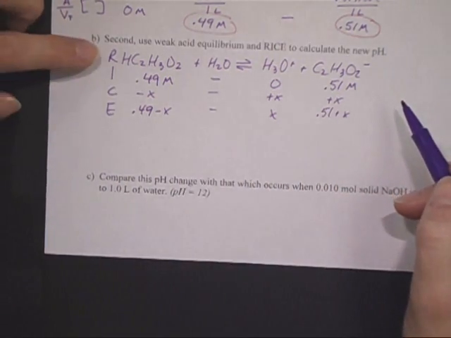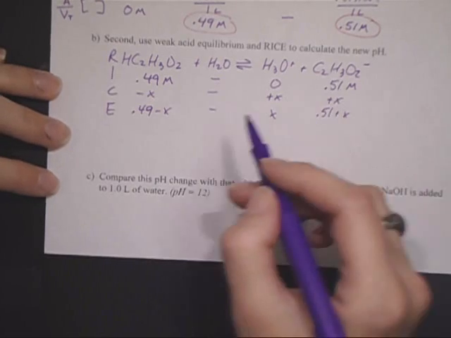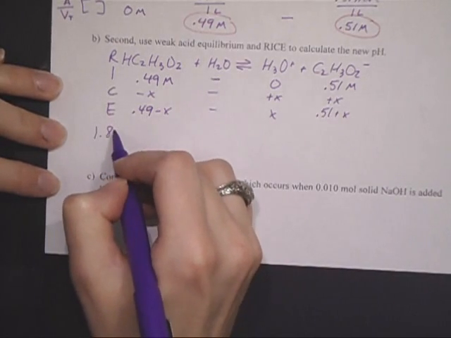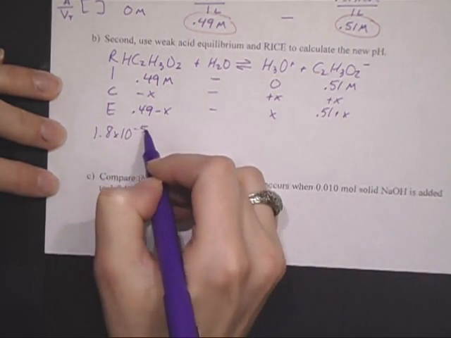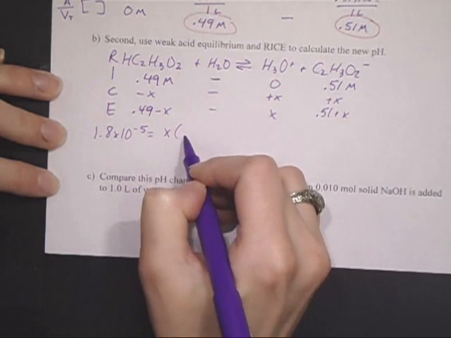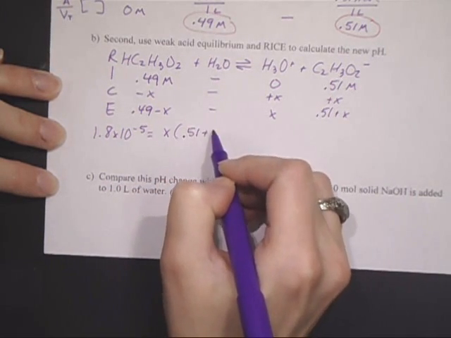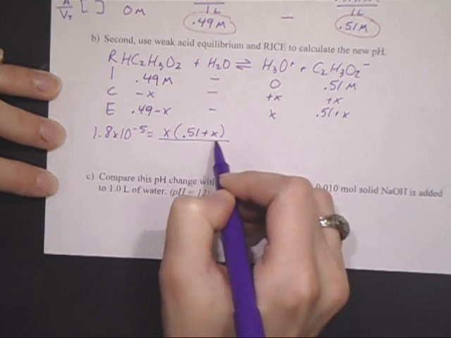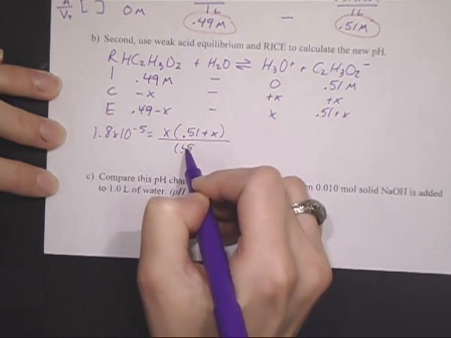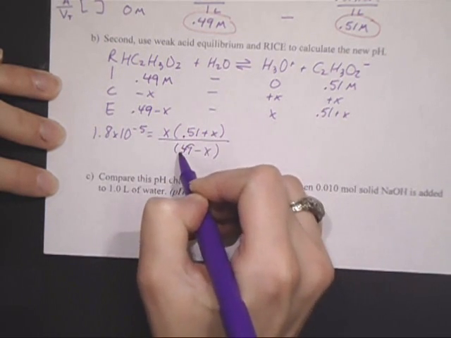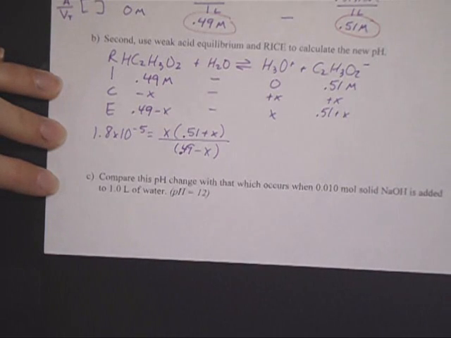We're still talking about acetic acid, so we have the same Ka situation. 1.8 times 10 to the minus 5 equals x times 0.51 plus x over 0.49 minus x. Again, we're going to check out that 500 rule.